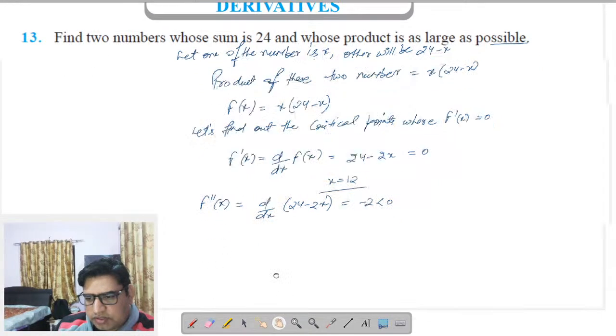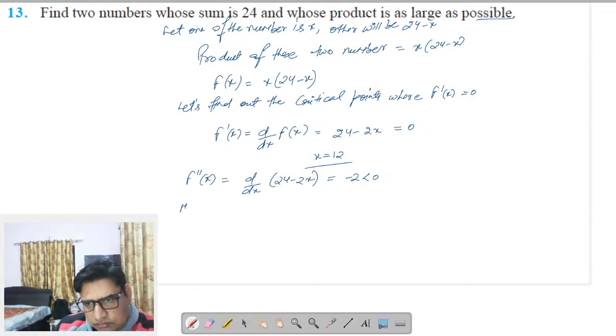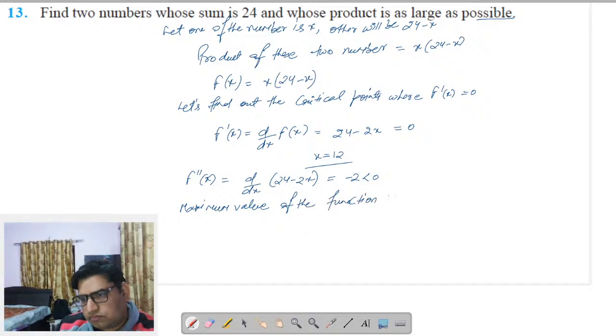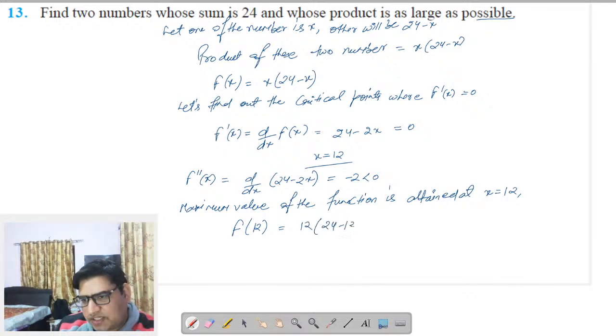ठीक है, so the maximum value of the function is attained at x is equal to 12, and f(12) कितना होगा देखो, f(12) is 12 times (24 minus 12), so that is 144.